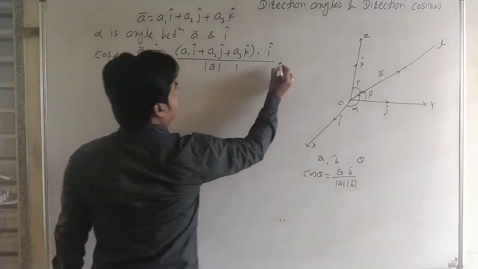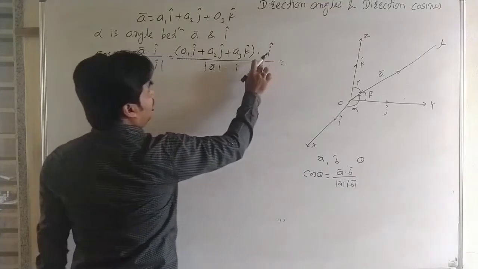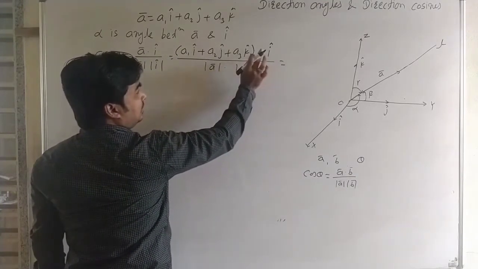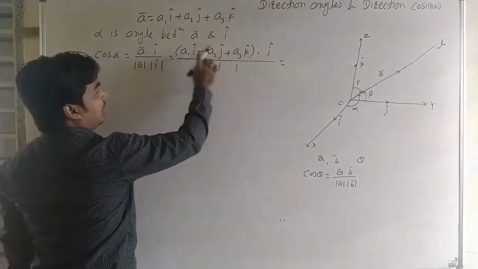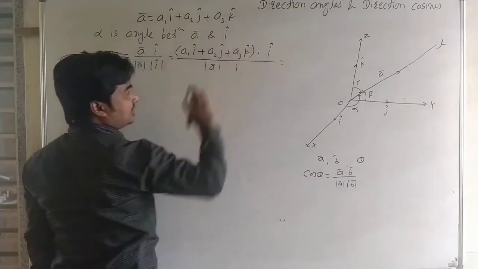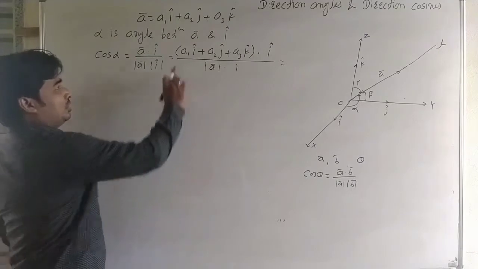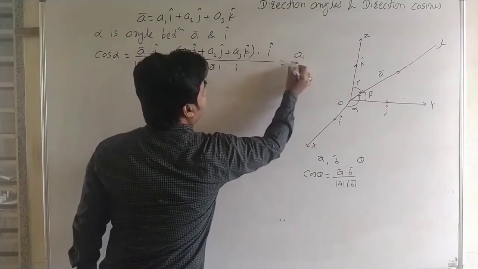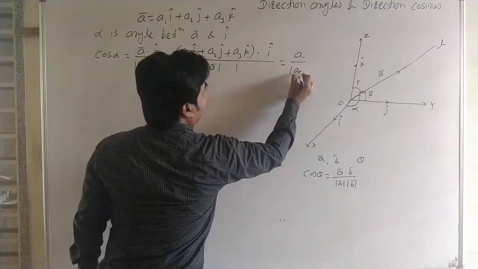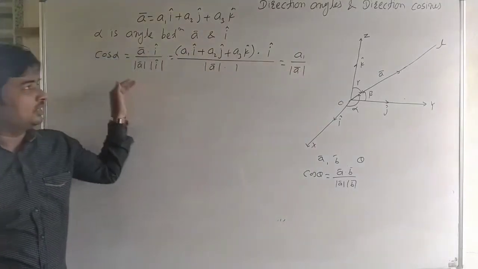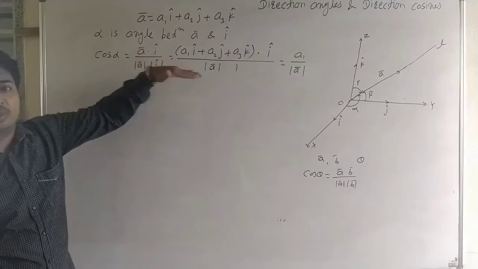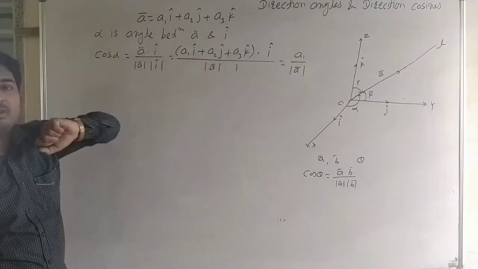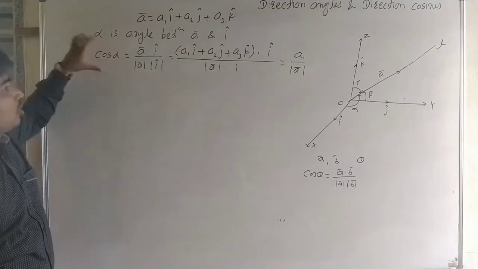The dot product is a multiplication of the components of the vectors, that is the coefficients of i, j and k. Here j and k are absent, that is 0, 0. Therefore the multiplication of i and i gives a1 upon magnitude of a bar. Calculate carefully. Cos alpha is equal to a1 upon magnitude of a bar.